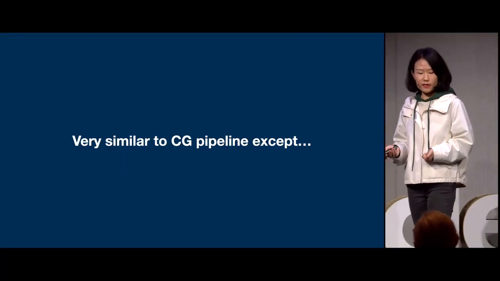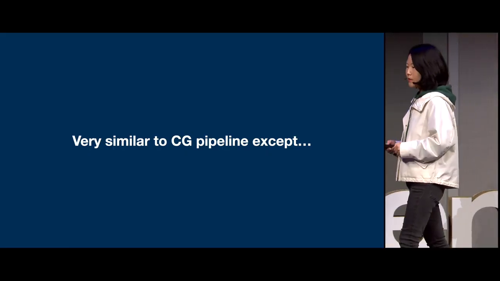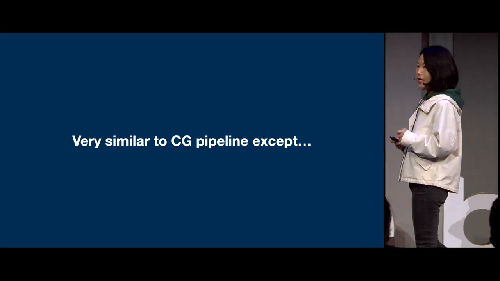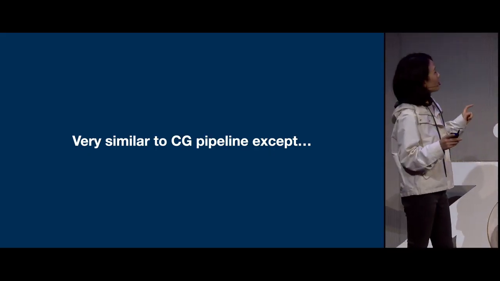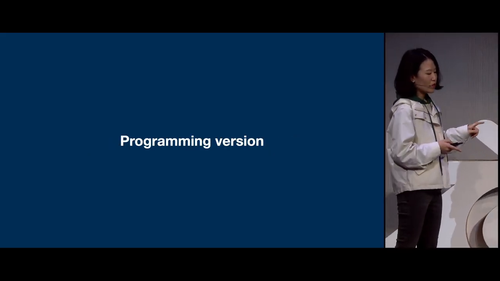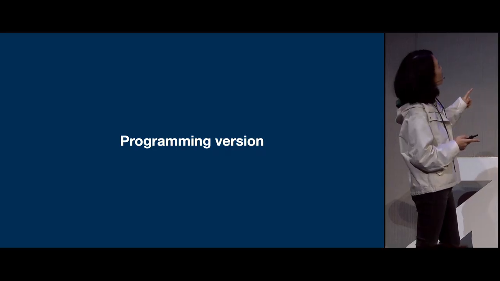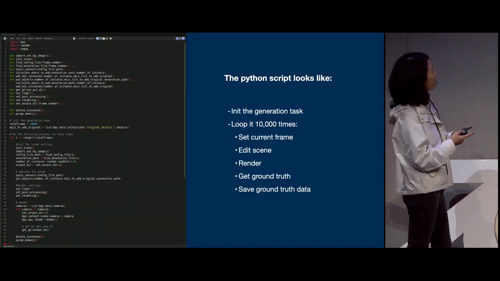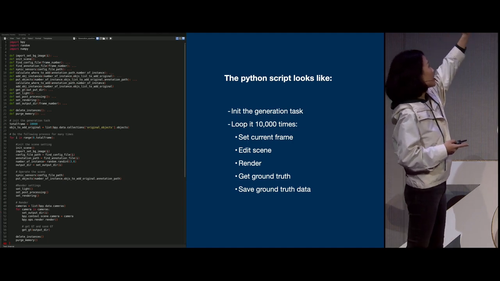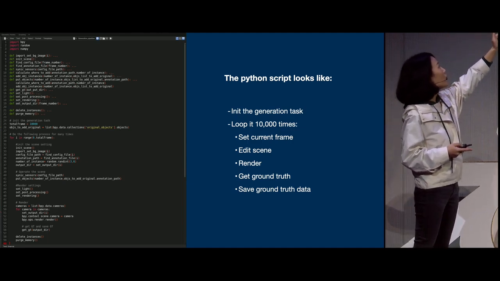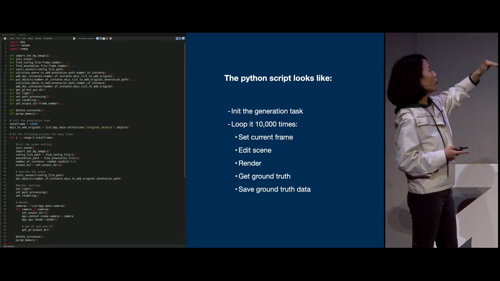As we all notice, this is very similar to our CG pipeline, except that we have to do it by coding. So here is a programming version of what we just did. The Python script will look like this. We initiate this generation task first, and we will loop the following steps many times.